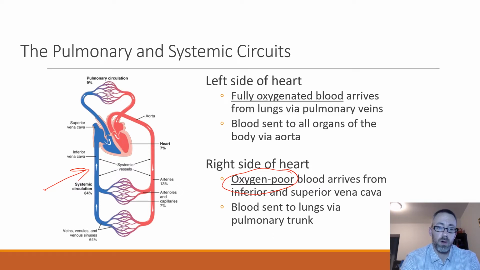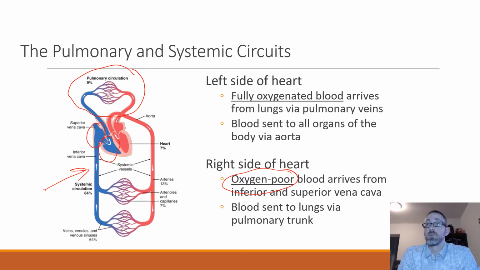So it does so by going to the right side of the heart, which is the right atrium, via the superior vena cava, which is really coming from the upper extremities and the head, and the inferior vena cava, which is coming from the lower extremities and the abdominal region. And then you see the right atrium communicates with the right ventricle, so it distributes the blood from the right ventricle to the lungs. And so here we have our pulmonary circulation.